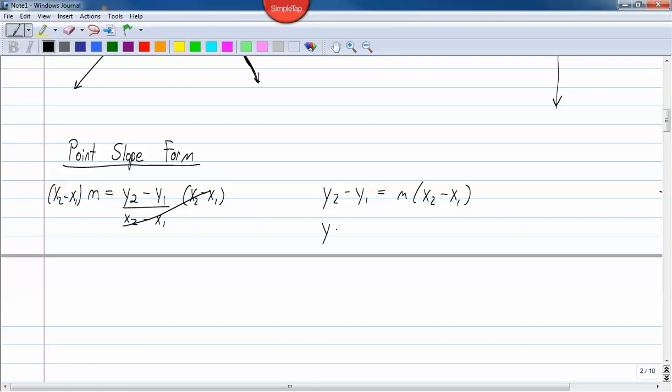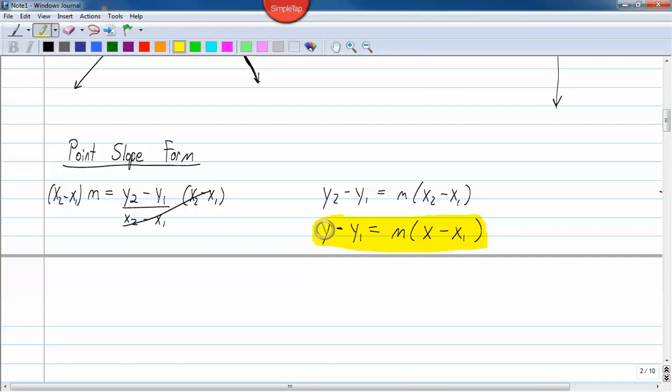So the actual formula that we use is y minus y sub 1 equals m times x minus x sub 1. You see, it's the same formula, it's just that the y sub 2 and the x sub 2 are just going to be our x and y. So those two variables, the x and the y, that don't have some subscript number, they're just in the equation.